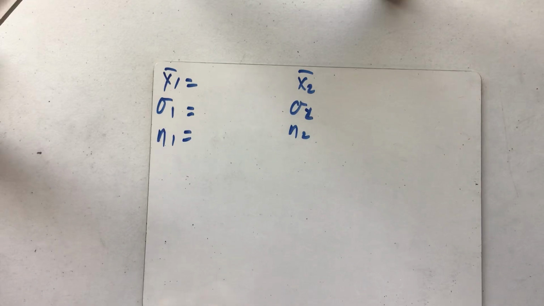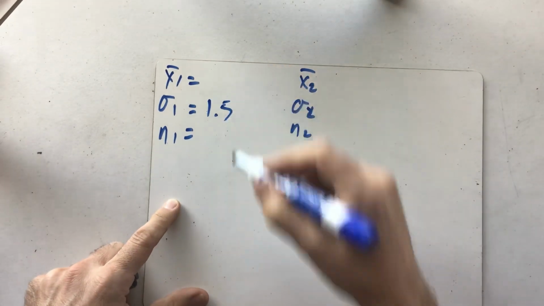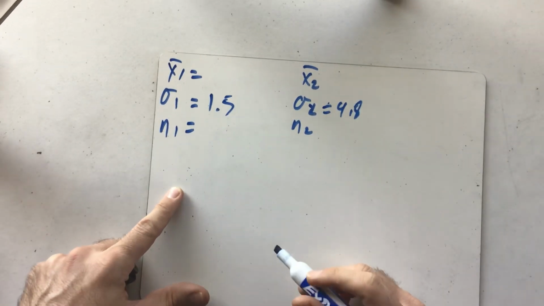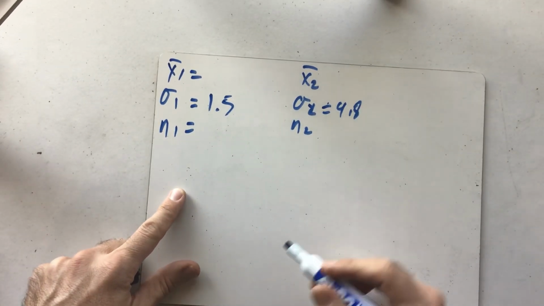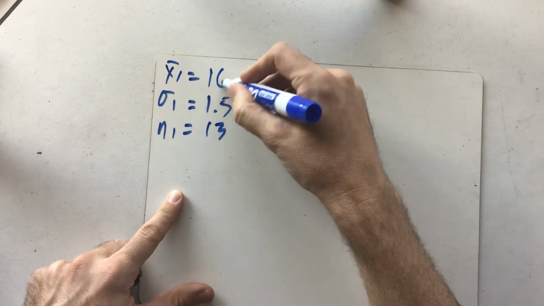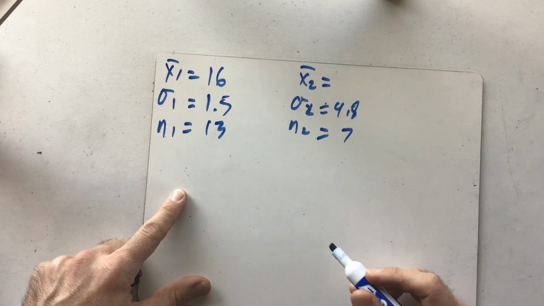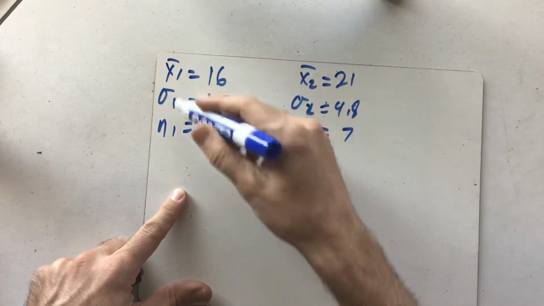Unfortunately, I erased them, so I have to look them up again. And we had 1.5, 4.8. Then over here we had 13 employees for 16 minutes. And over here we had 7 employees and 21 minutes. Okay, so those are our numbers.